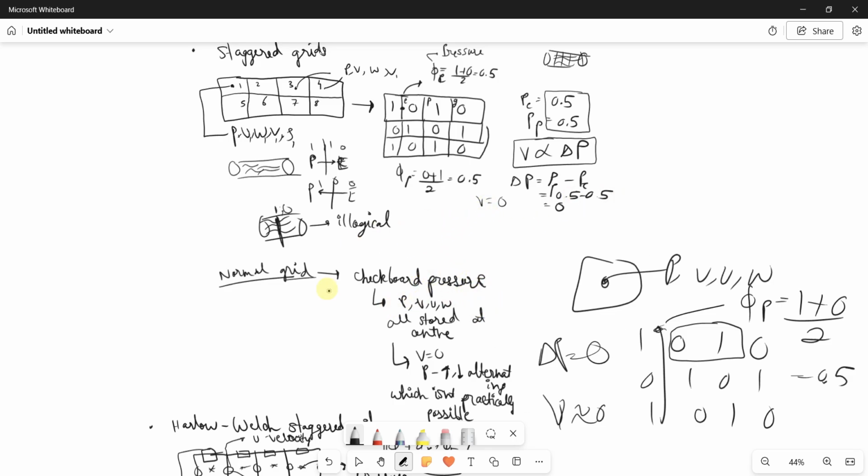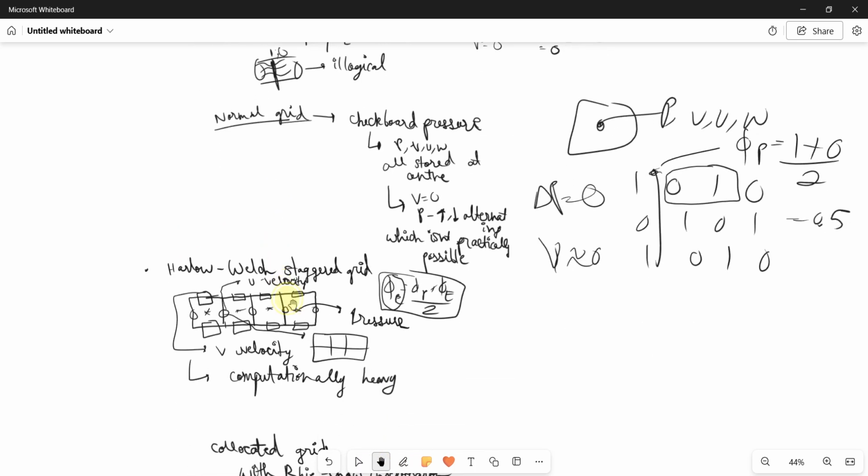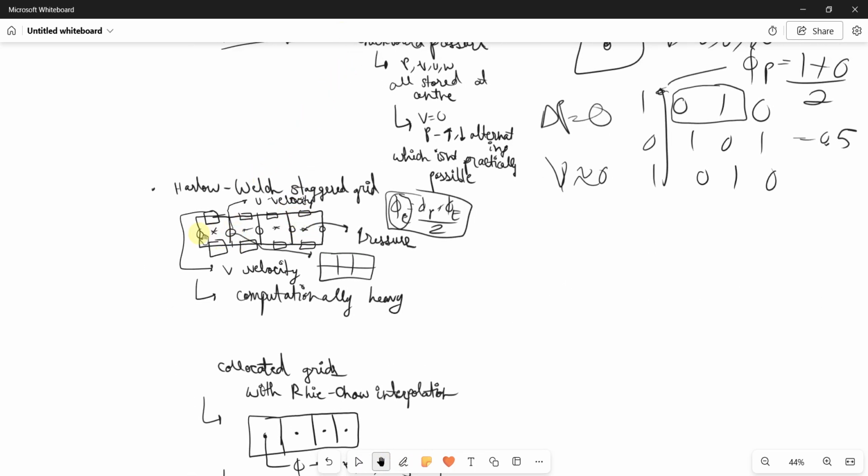So that's when we went to the staggered grid, the Harlow-Welch staggered grid, where you stored the value of pressures at the cell center, and you stored velocity values at the edges of the cell or the control volume.